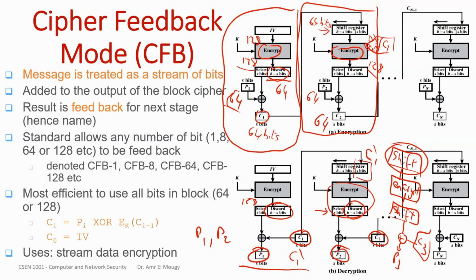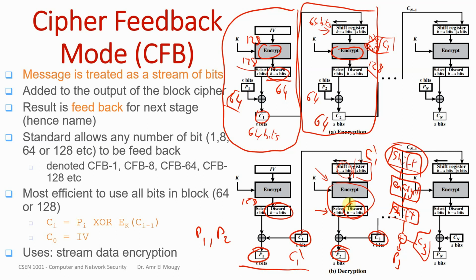How were the discarded bits of the stage before it produced? These bits were the result of the encryption step in this stage. Okay, you encrypted C1 dash, which has errors, concatenated with the contents of the shift register from stage 1. The content of the shift register from stage 1 did not have errors, but C1 had errors.